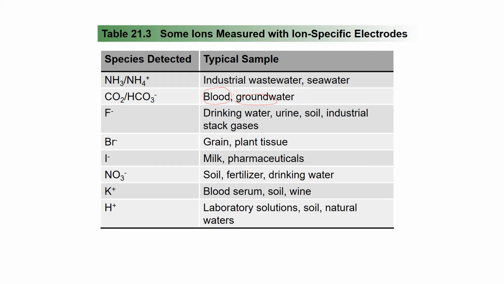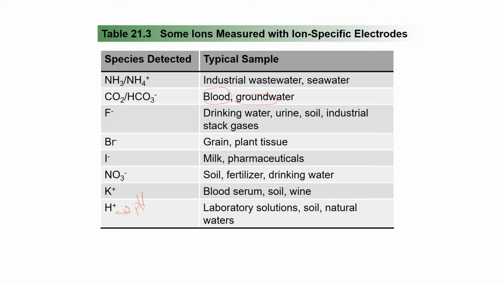Hydrogen carbonate can be measured in water. Fluorides can be determined in all these samples. And we can have hydrogen ion in laboratory solutions, soil, and natural waters, because this will give us the pH.